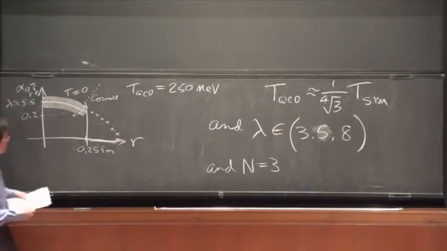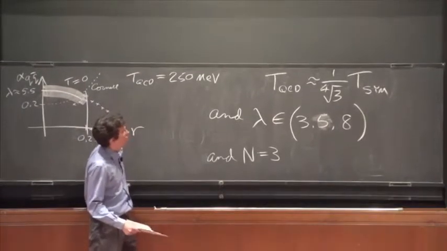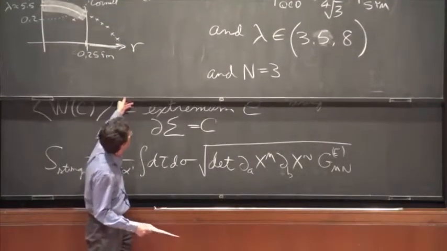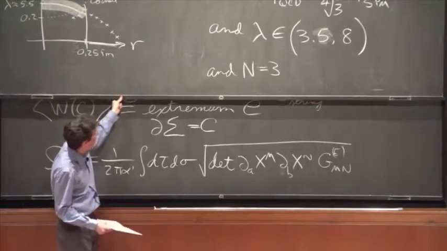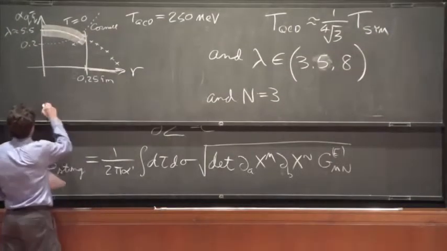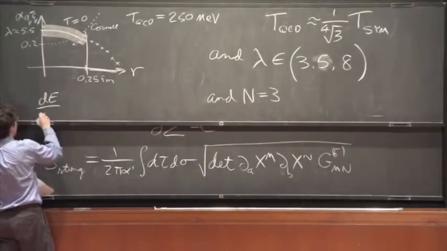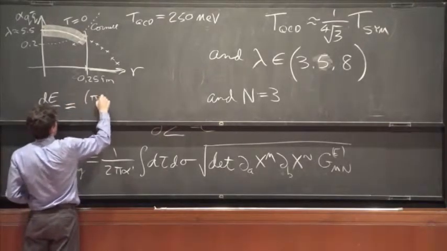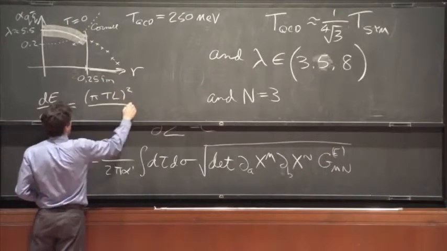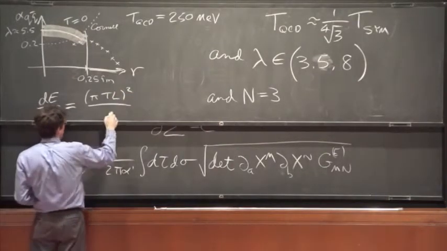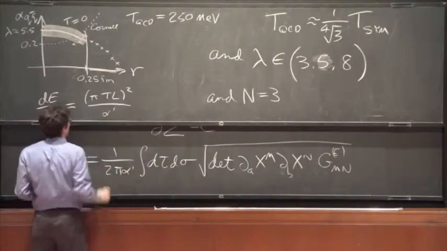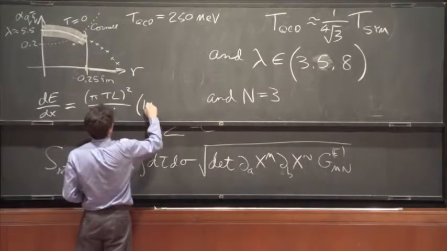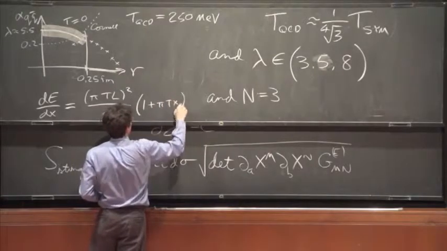Okay, so that's what I wanted to tell you about the setup of making a comparison. And you can see why I wanted to do this. If you remember my formula, I have dE/dx equals, what was it now? Pi T L squared divided by some alpha prime, I forget there were some other factors here, times 1 plus pi T x squared.